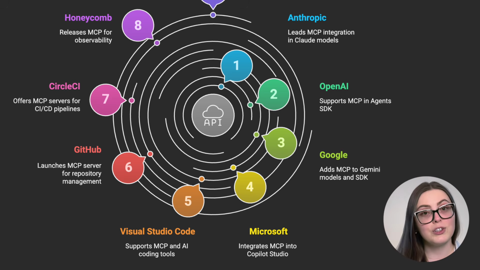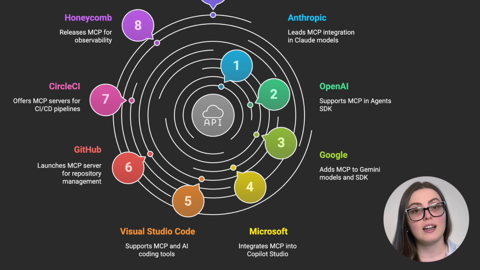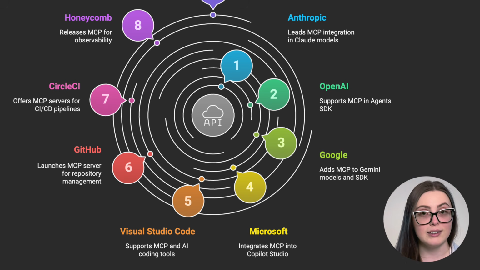GitHub launched its official MCP server with integration with GitHub APIs for repository management, issue tracking, and code review. There are quite a few platforms adopting MCP. For example, CircleCI has launched their MCP server that allows AI assistants to interact with build and deployment pipelines.